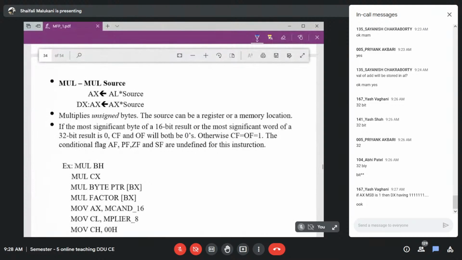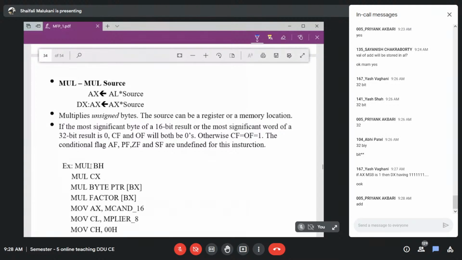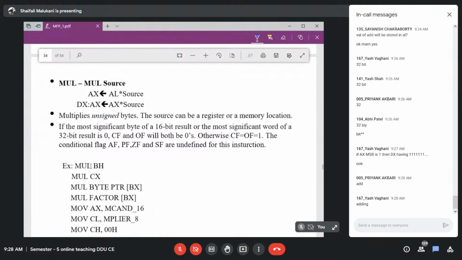Next instruction is multiplication. This is what I was telling you, that a multiplication instruction is available in 8086. What you were doing before, yes, you were performing multiple additions, right? Here we have a multiplication instruction.